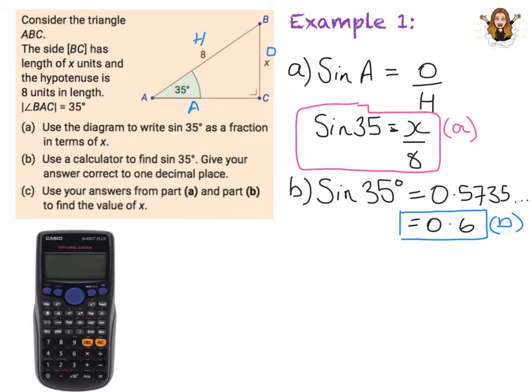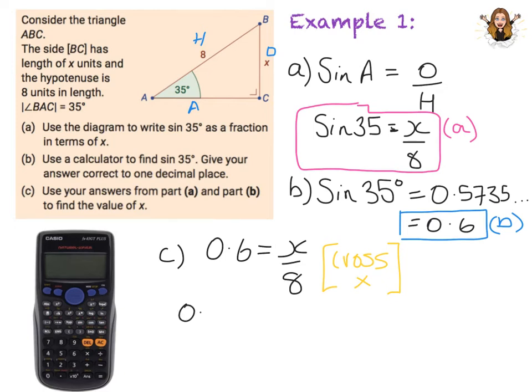So let's see, can we do that now? So let's rewrite it. For part C, we have 0.6 instead of sine 35 equal to x over 8. And here is where I cross multiply. So I'm going to say 0.6 times 8 will equal x because I'm cross multiplying.